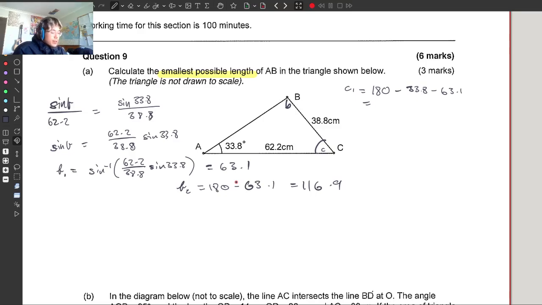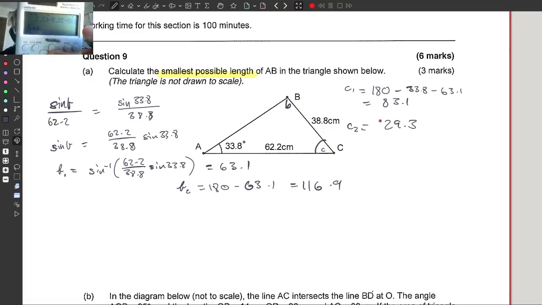This gives us the first possibility, 83.1. C2 is going to be the same thing, except we're replacing 63.1 with B2, 116.9. This would then give us 29.3. The beauty of calculator assumed is that when I calculate it, I could just go up and edit the equation rather than typing it all out again.